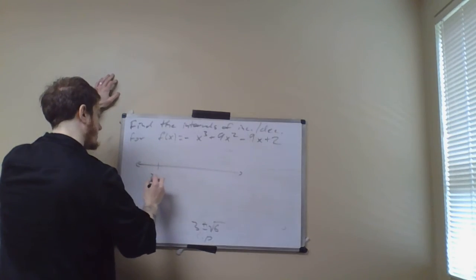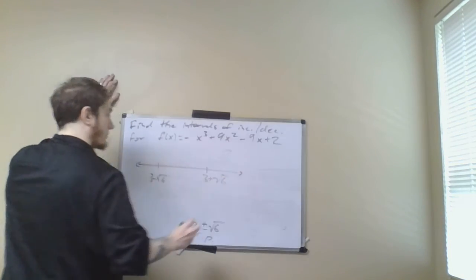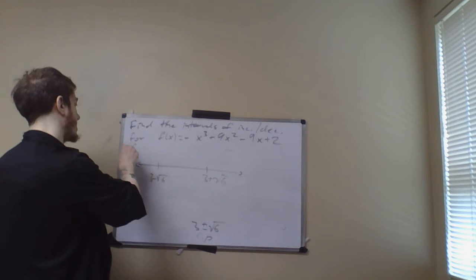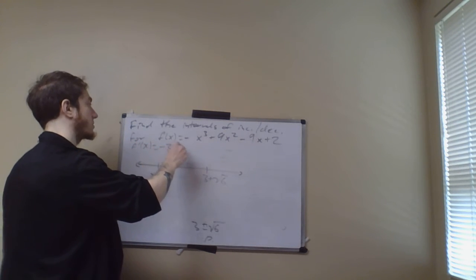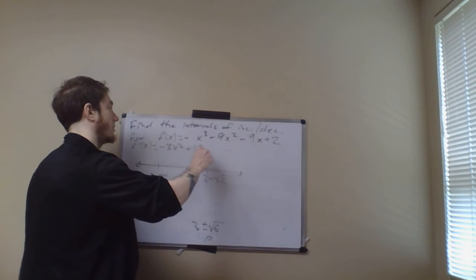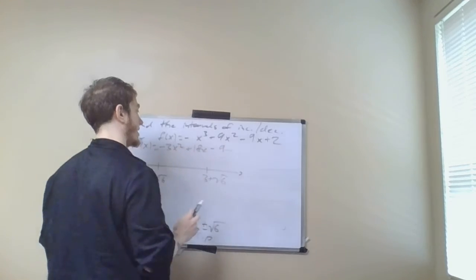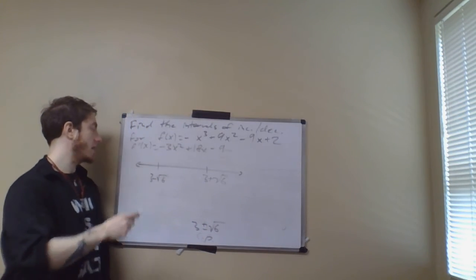So we have 3 minus square root 6 and 3 plus square root 6. Now, why did I erase the derivative? I actually need the derivative still. So that's going to be negative 3x squared plus 18x minus 9.